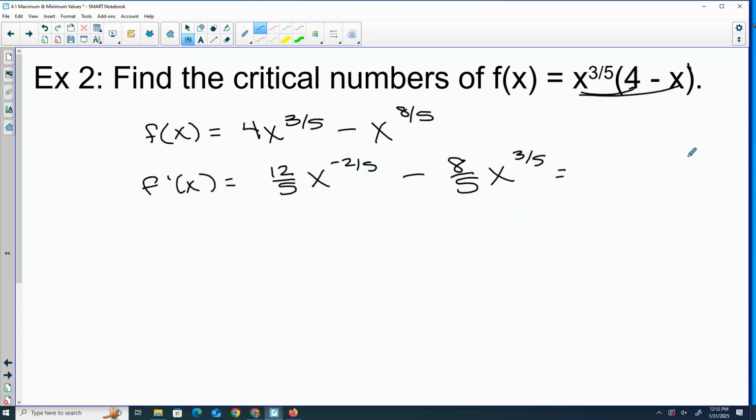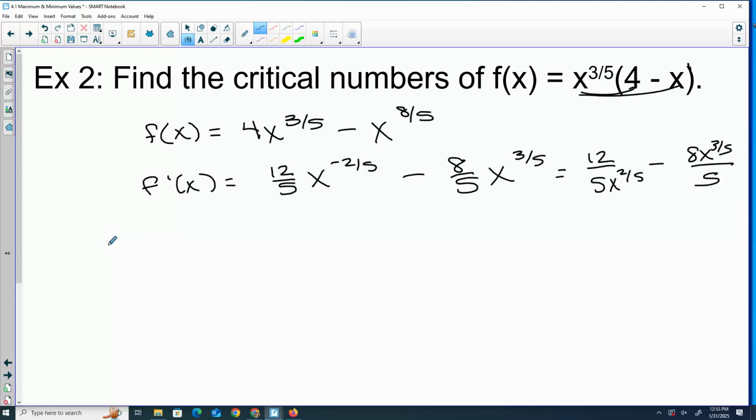If you don't like the negative power, what do you do? Put it on the bottom. So to find my critical numbers, I need to know anywhere this derivative is 0 or undefined. Is there anywhere you can tell me it's undefined right now?